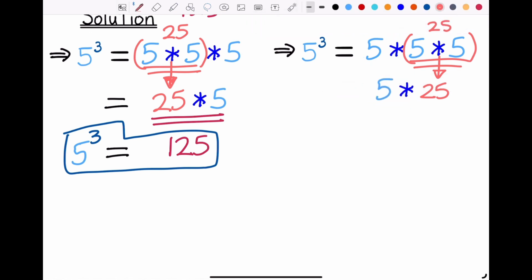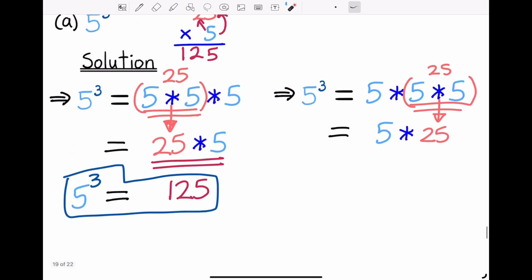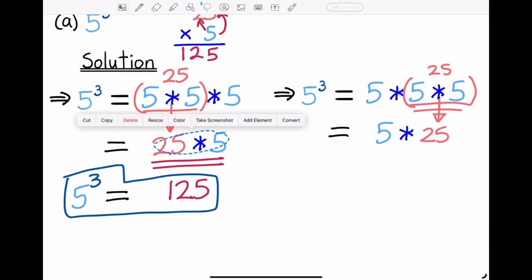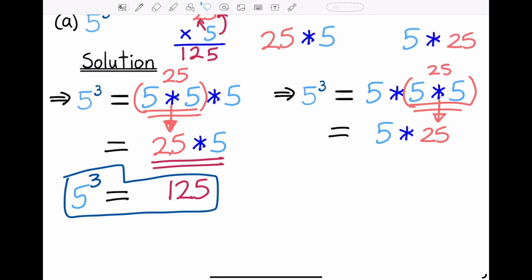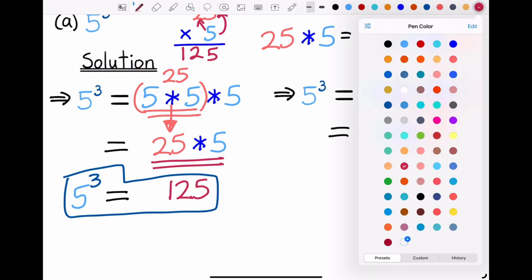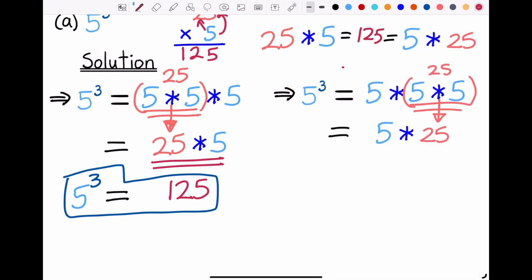And if you notice here, 5 times 25 looks very close to 25 times 5. And it does turn out that 25 times 5 is equal to 5 times 25, which has a product of 125. And this tells us that the order of multiplication does not matter.